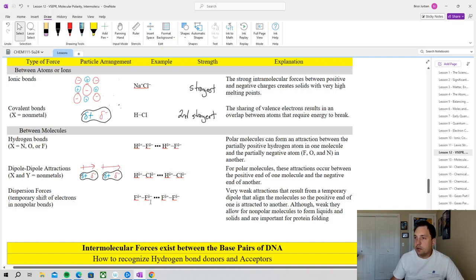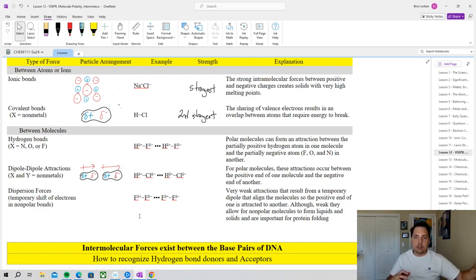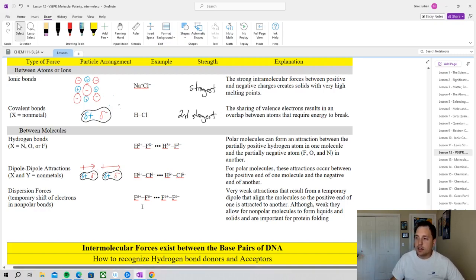Okay, and then the last type of intermolecular force is a dispersion force, where even for a molecule such as fluorine gas, F2, you can get a temporary dipole that occurs where occasionally, some of the electrons will go to one end and the other electrons will go to the other end.